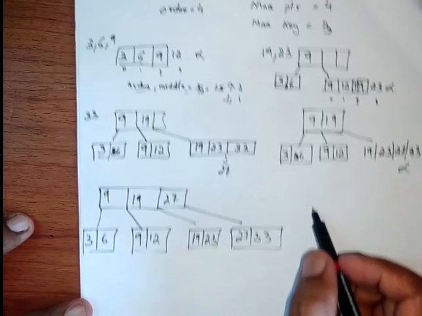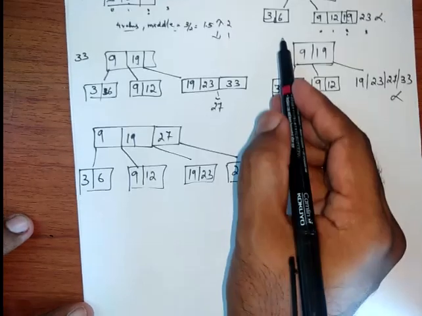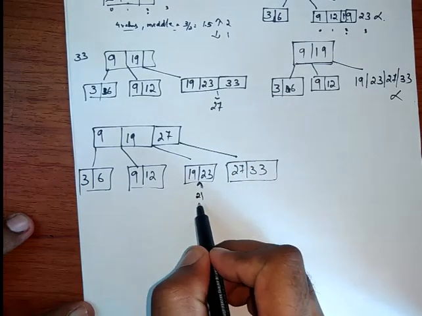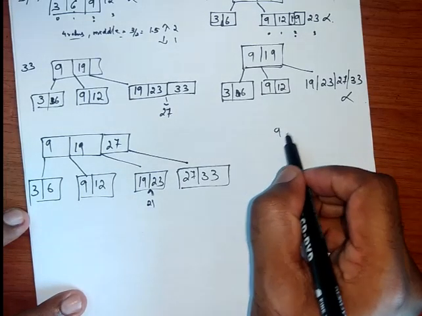Okay, next we can insert the value 21. So 21 will come between 19 and 23. You have to think how we are identifying that position. We have to start from the root, and you find 9, 19, then 27. So you understood that 19 and 27 are there. So 21 must come in the subtree between 9 and 27. We are following the binary search tree concept.